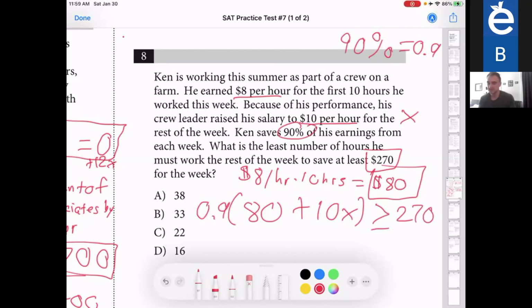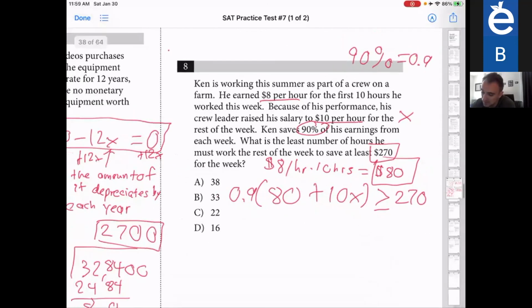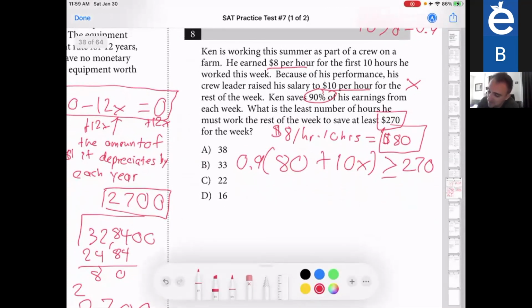So now let's solve for X. We're going to divide by 0.9. Don't let this intimidate you. 270 divided by 0.9. We know 27 and 9 are compatible, right?